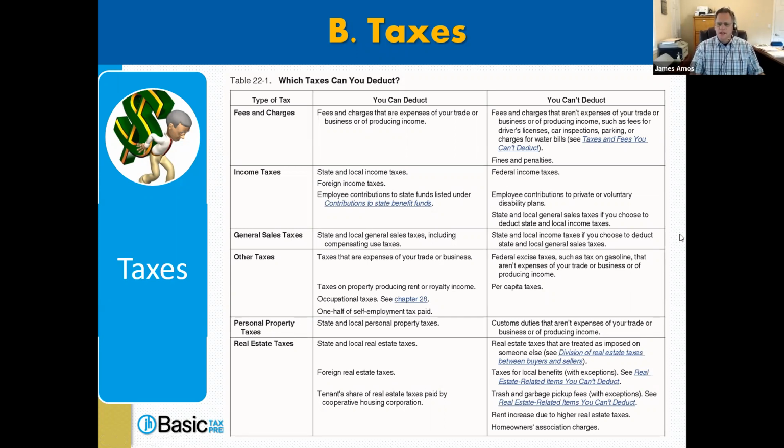You cannot deduct state and local general sales tax if you choose to use the state and local income taxes. Kind of funky here. The rule is you can deduct state and local income taxes or sales tax, one or the other. You can't deduct them both. That's all it's saying.